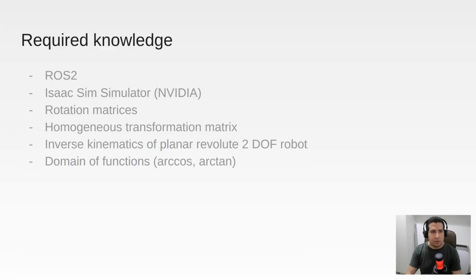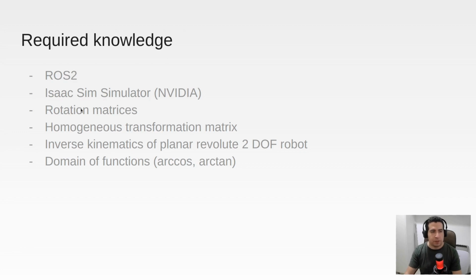So there is some knowledge that is required to fully understand this video. I'm not gonna discuss ROS2, but I'm gonna leave the link to the GitHub repository for you to access the code that I'm using to run this simulation. And if you want to use the code, you have to understand how ROS2 works.